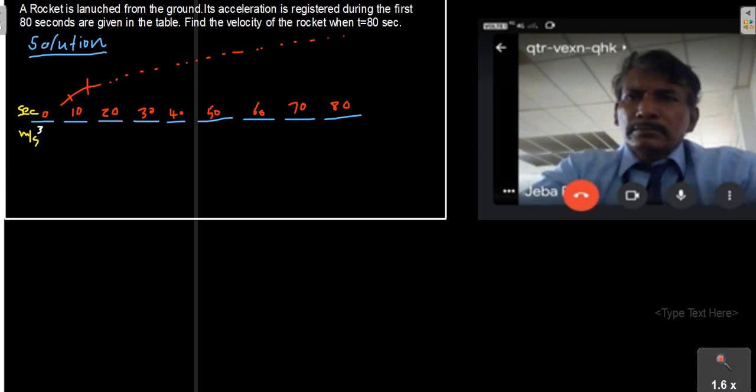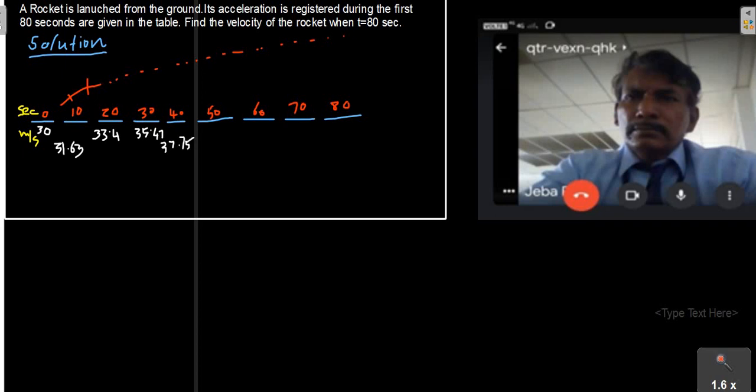What about the velocity? For the first 0 second, the velocity is 30. Now for 10 seconds, the velocity is 31.63, and for 20 seconds the velocity is 33.4, and for 30 seconds the velocity is 35.47.